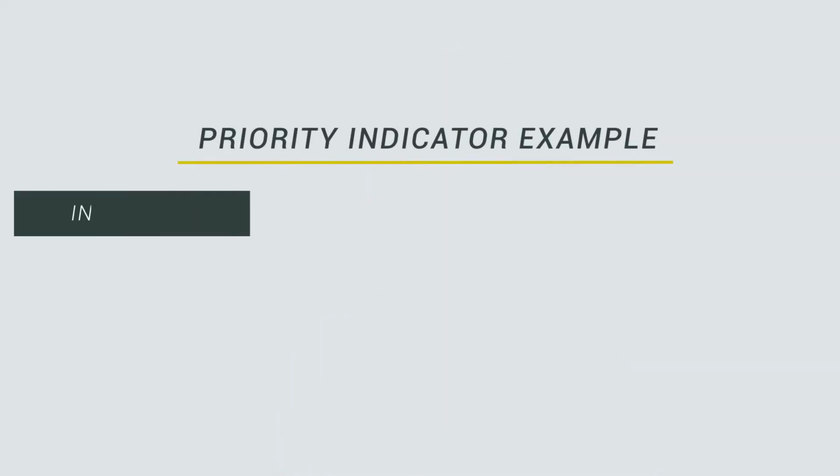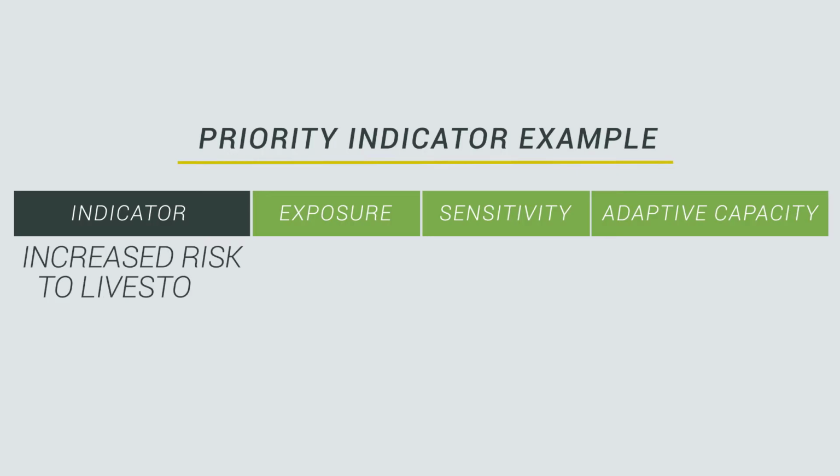For the second example, increased risk to livestock, you scored yes for exposure, high for sensitivity, and low for adaptive capacity. This is a priority indicator because this is an important and sensitive issue and you have no capacity to respond to it. Remember, the aim of the climate change vulnerability assessment is to determine which climate change impacts are most important to you.